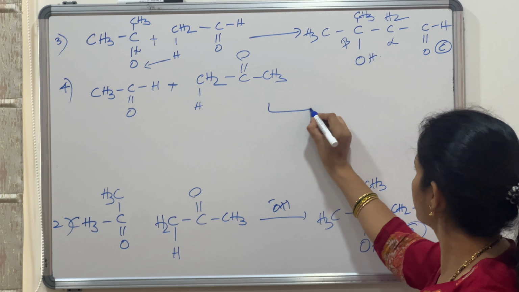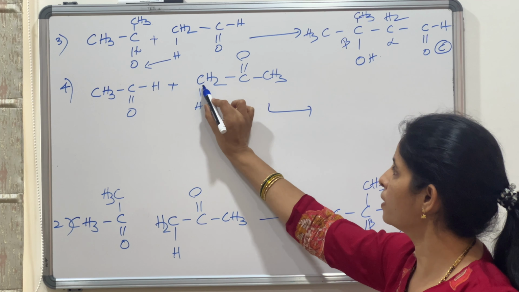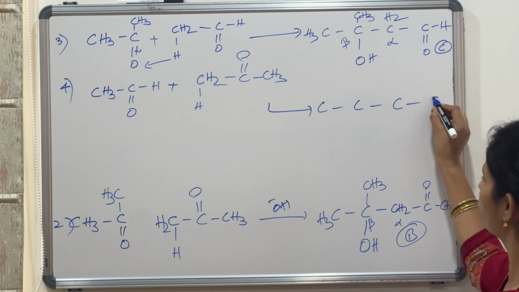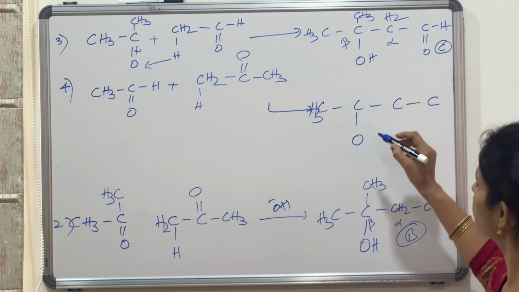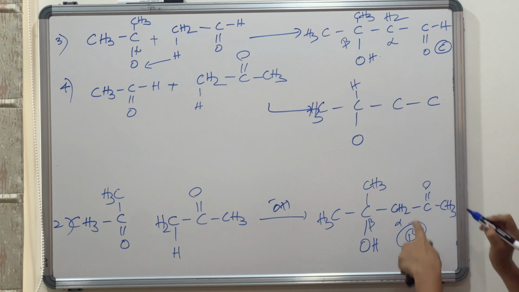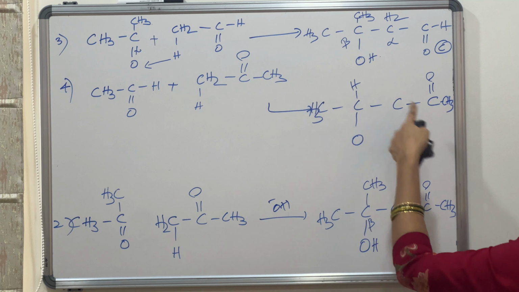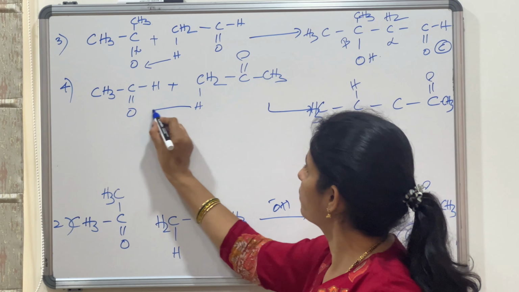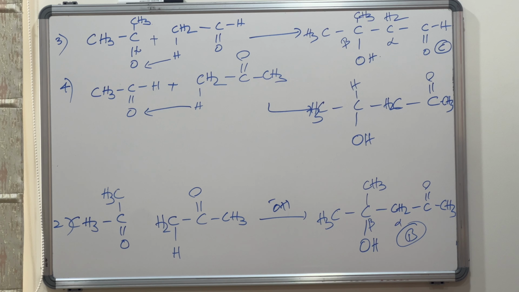So I am writing the product. First, attach the alpha carbon to the carbonyl carbon, 1, 2, 3, 4, break that pi bond, and around the carbon look at the valences and put in the hydrogens. Here it is CH2, C double bond O, CH3, the ketone I have written. The first two steps are completed, and the remaining step is transfer of this hydrogen from that side to this side. It is a beta hydroxy ketone.